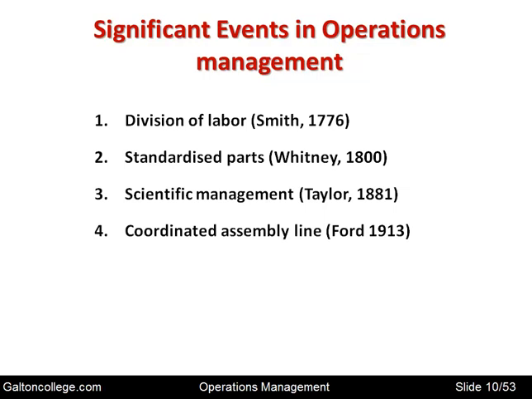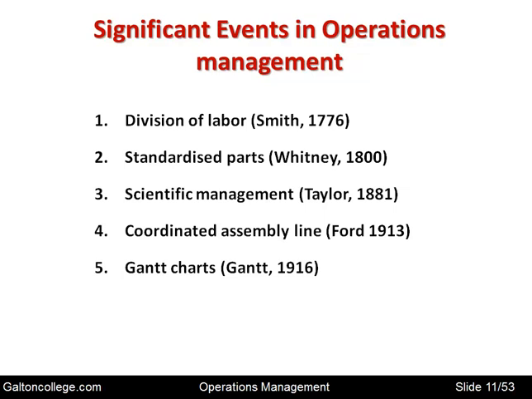We also had the coordinated assembly line. Ford did this, where they produced a Model T Ford, and the assembly line was the car moving down the line. As it moved down, workers added more parts to the car. So it was a coordinated assembly line.